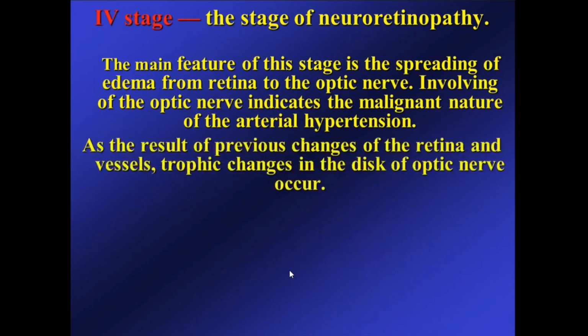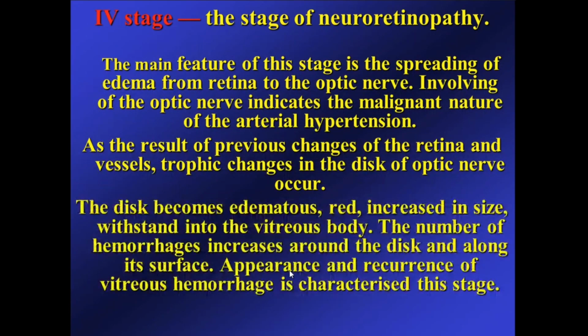The fourth stage of hypertensive retinopathy is the stage of neuropathy. In this stage, the process is spreading from the retina to the optic nerve, and this is a severe stage.